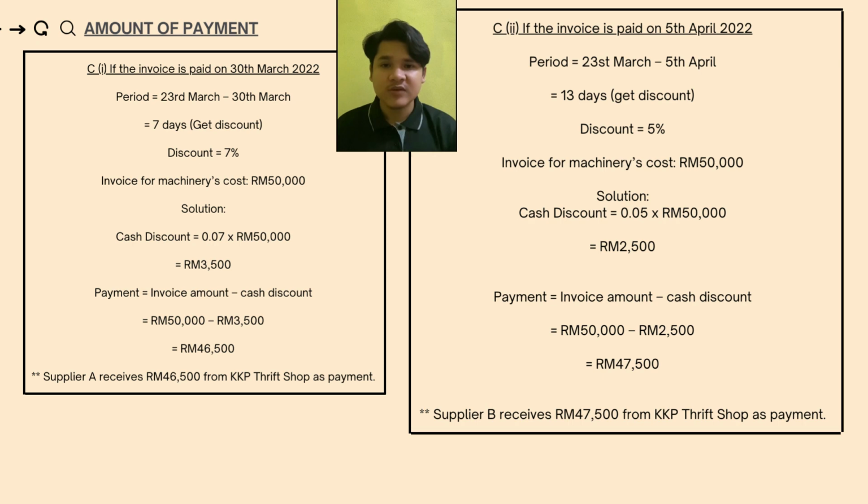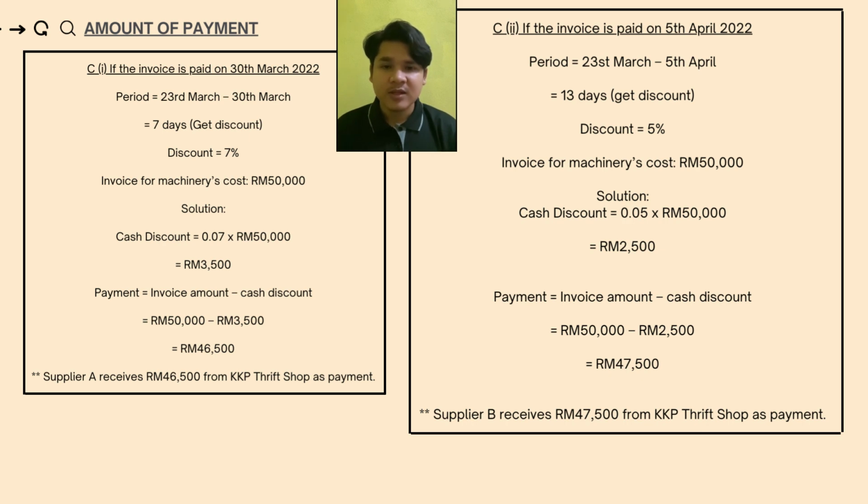For the next question, if the invoice is paid on the 15 April 2022, for the period equals 23 March minus 5 April equals 30 days to get the discount. For the discount equals 5%, invoice for the machinery cost equals 50,000 ringgit. For the solution on this question, cash discount equals 0.05 multiplied by 50,000 equals 2,500 ringgit.